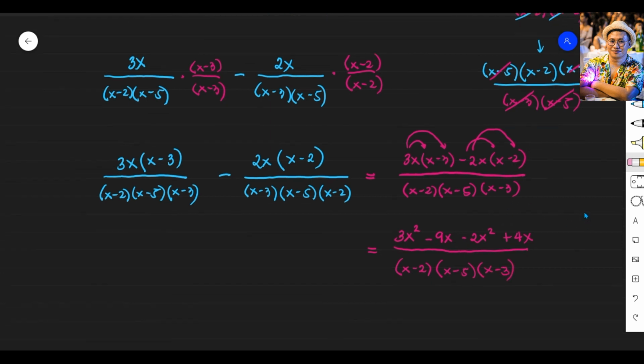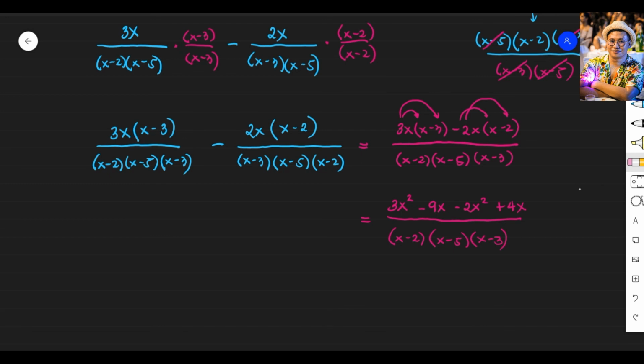And then combine like terms for the numerator. Makombine na to ang 3x squared o negative 2x squared. Ang resulta is just x squared na lang. Negative 9x and positive 4x. Ang result is negative 5x. Ang result over x minus 2 times x minus 5 times x minus 3.